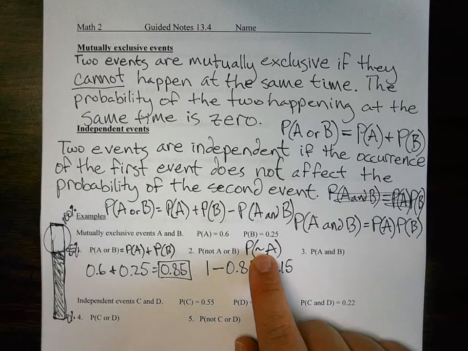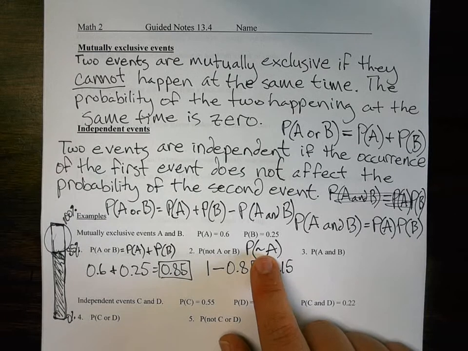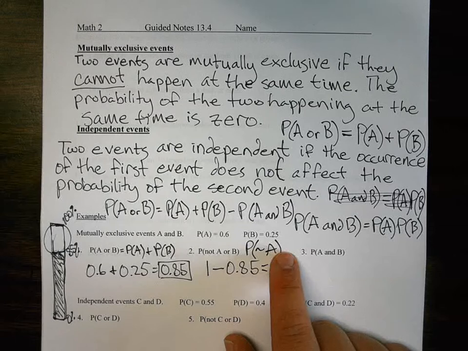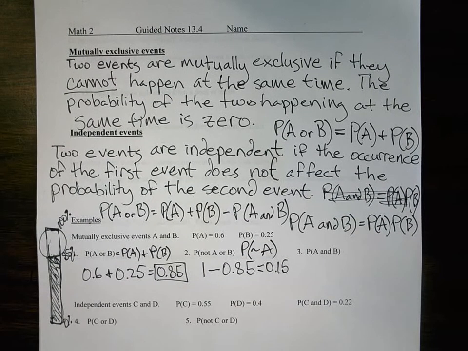It's in front of the A, or you'll have A or B and it'll be in front of that, whatever. That just means not. So the probability of not A happening, as opposed to the probability of A happening. I haven't seen the test yet, so I'm not sure if they'll notate it with the word not or with the tilde or both, but I'll let you know. Just be wary that on your homework the little tilde means not.